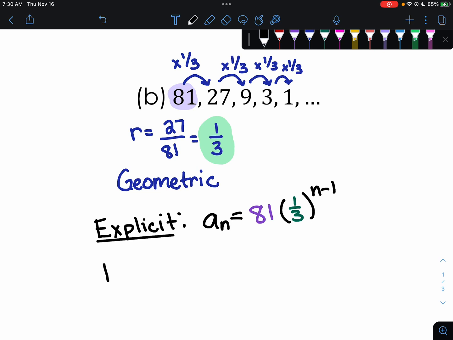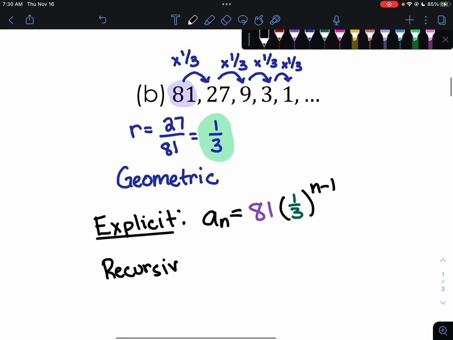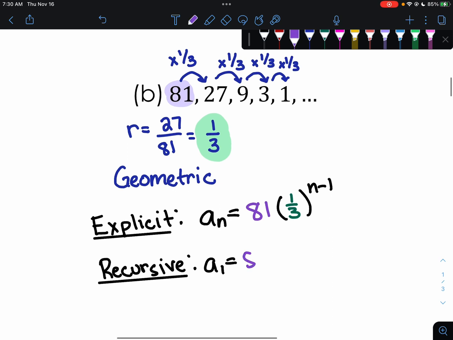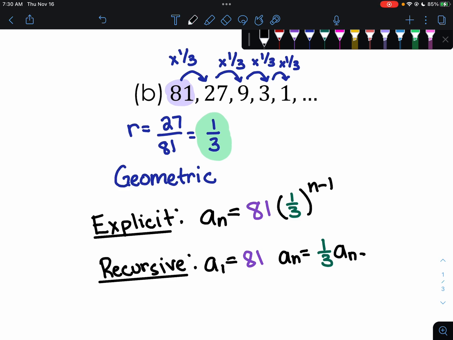For the recursive formula, we need the same things. I say a sub 1 equals 81, and a sub n is equal to my common ratio times the previous term, a sub n minus 1. And that is everything we need for this one.